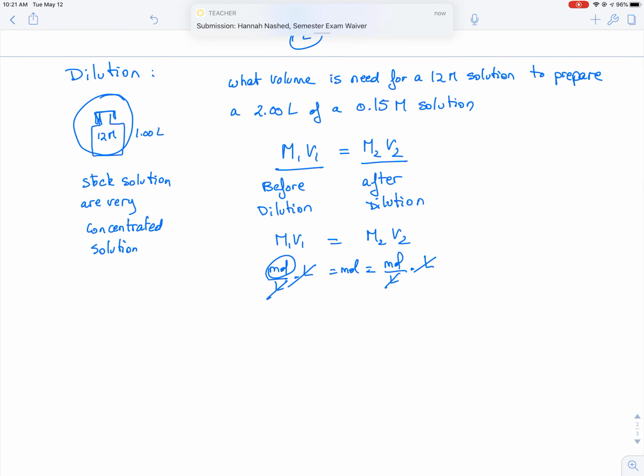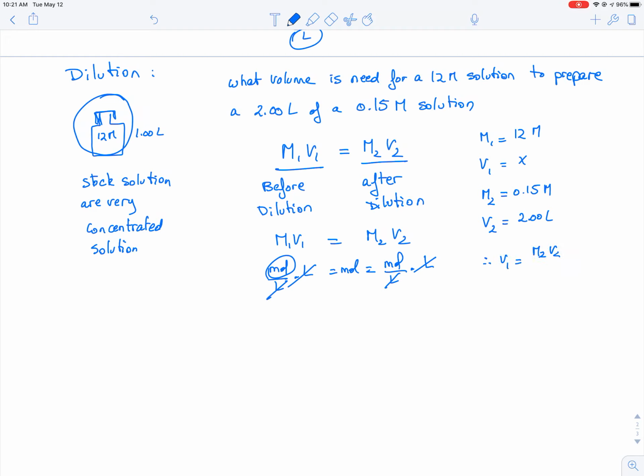So basically what this problem says is that M1 is equal to 12 molar, and I'm looking for V1, which is X. I know that M2, the second molarity, is 0.15 molar. And I know my second volume, or I want to prepare a solution, that is 2 liters. So really what I do is isolate V1. So V1 is going to be equal to M2 V2 over M1.